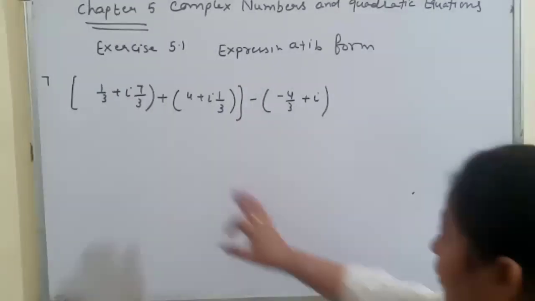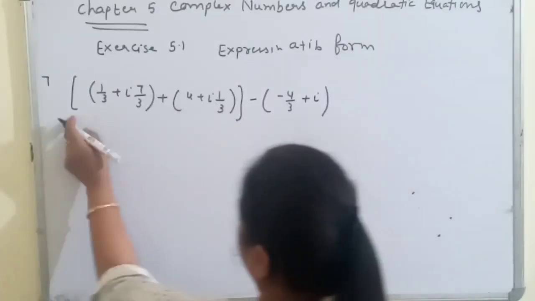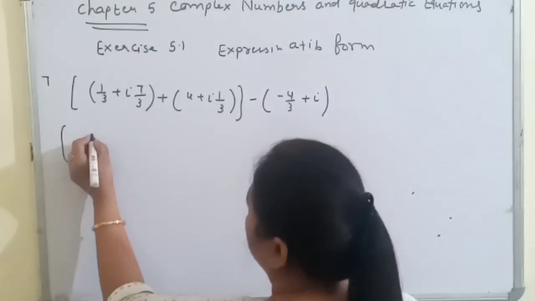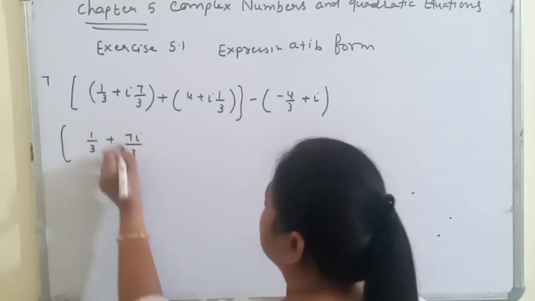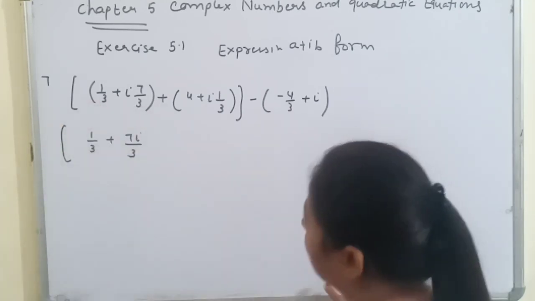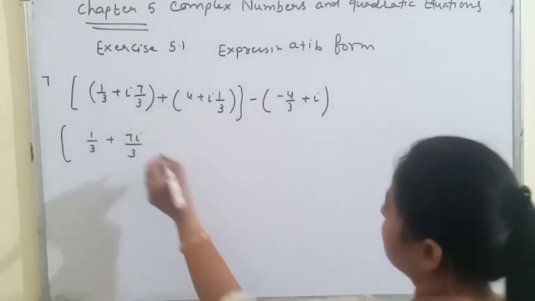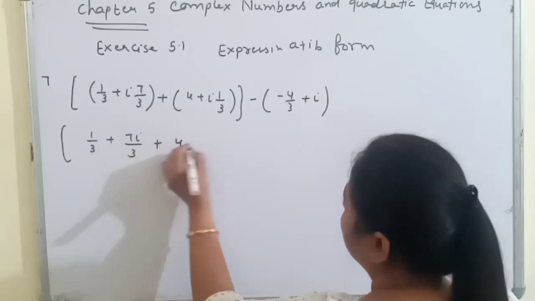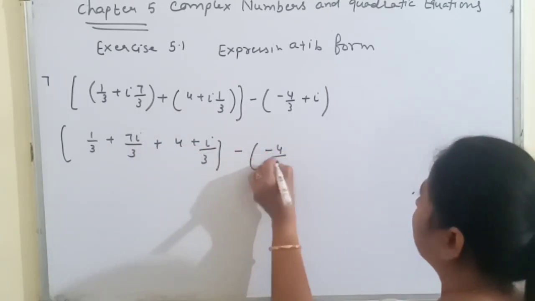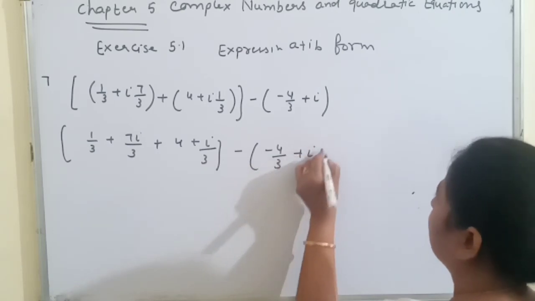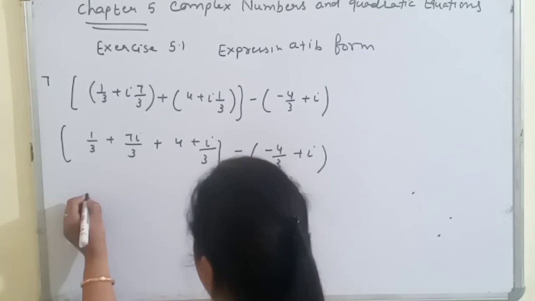Now firstly we will solve the small brackets, and after that the large bracket. 1 by 3 plus 7 iota by 3. These two terms are in the complex form, so there is no like term. Let's solve it. Remove the bracket. 4 plus iota by 3 minus 4 by 3 plus iota.